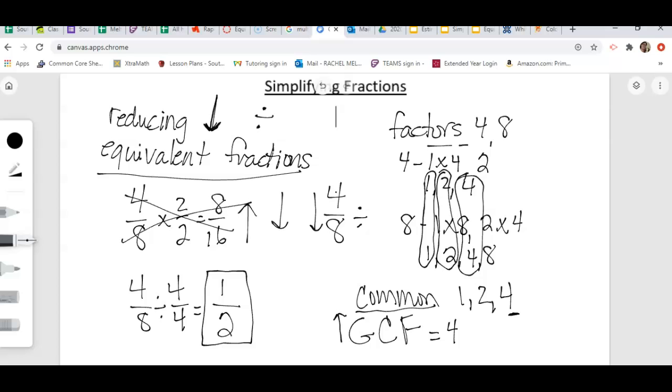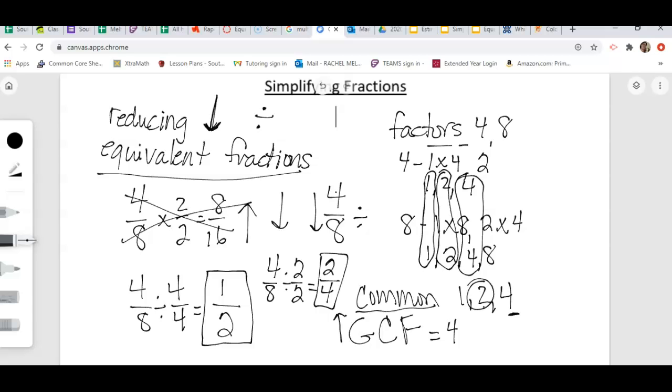Because they also have 2 as a common factor, I could divide by 2. 4 divided by 2, 8 divided by 2. But here's the problem. If I divide by 2, which is a common factor, I get 2/4.